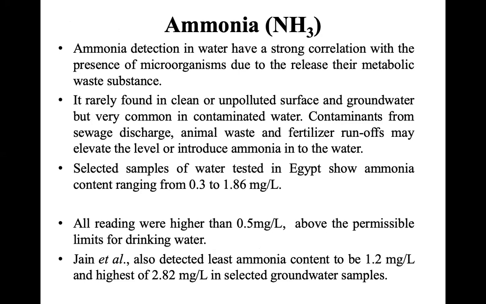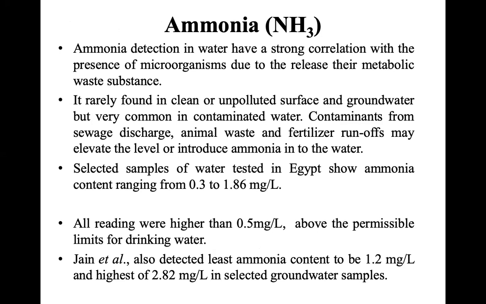There are also similar processes where you determine ammonia, and ammonia present in the water gives a strong correlation with the presence of microorganisms, due to the release of organic or metabolic waste substances.